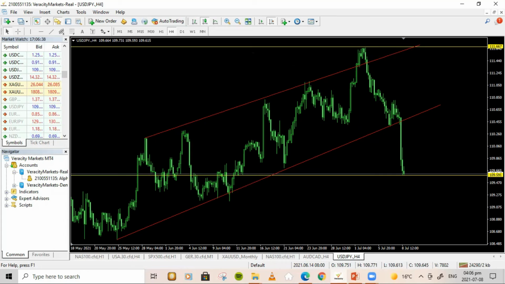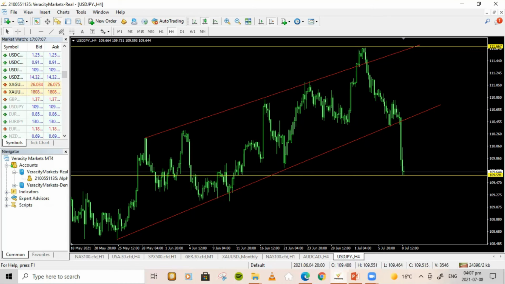So again, in simpler terms, as long as the market is above the bottom trend line, it remains a support. And as long as the market is below the top trend line, it remains a resistance.